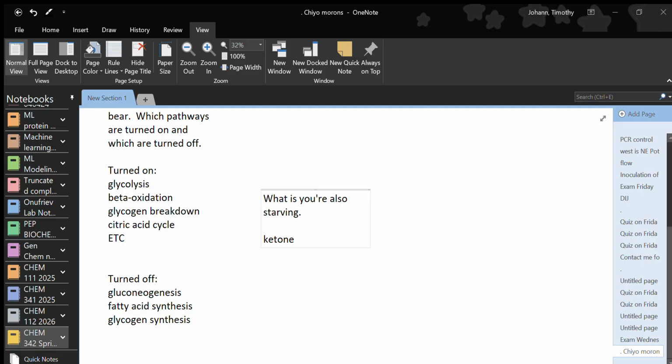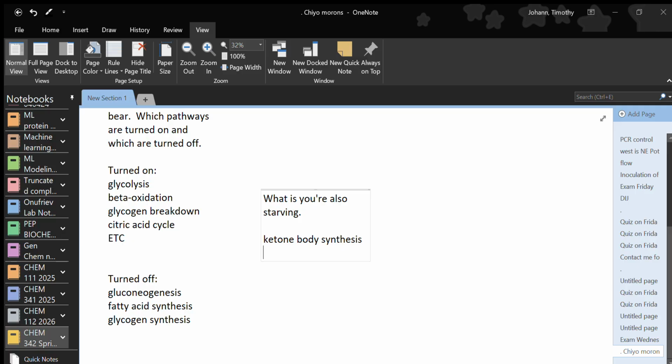Ketone body synthesis. This is the liver, right? You're obviously going to be breaking down ketone bodies in the tissues that receive them, but we're not going to worry about that. Ketone body synthesis, what else is going on in the liver?